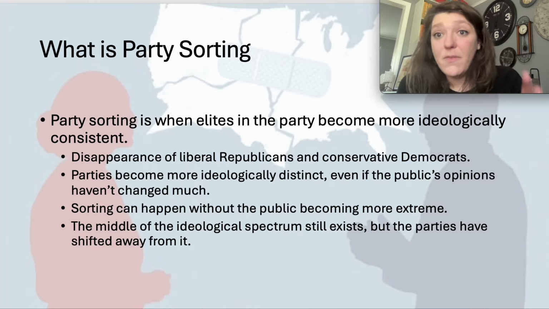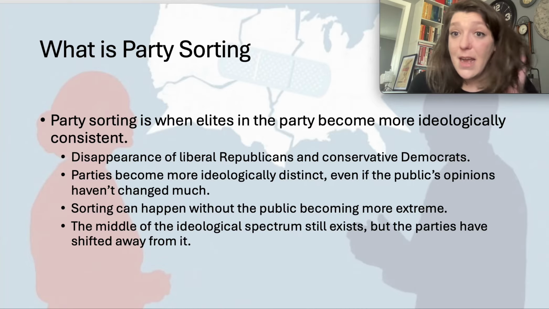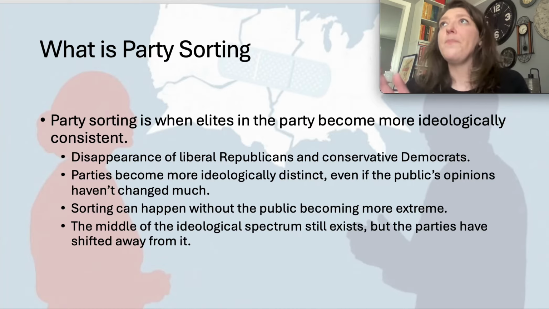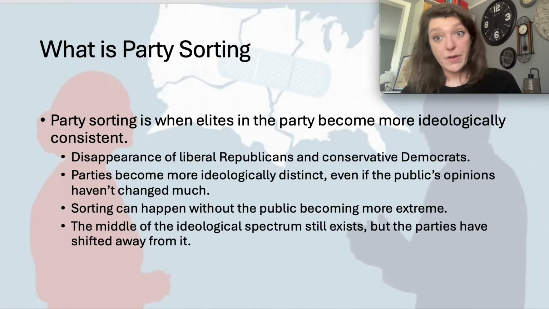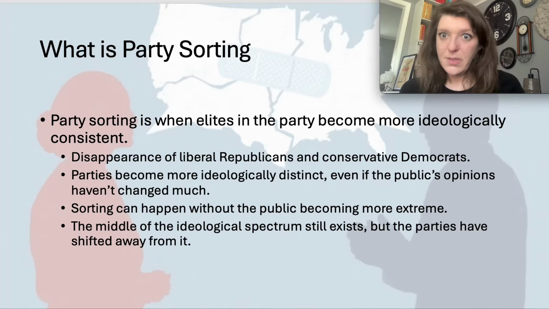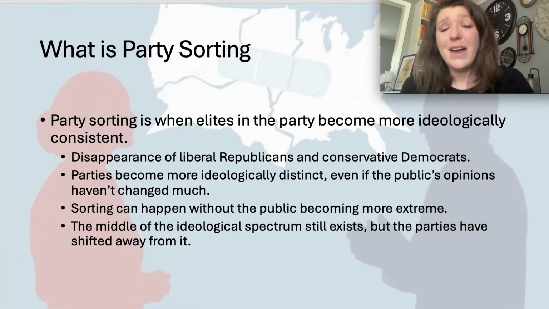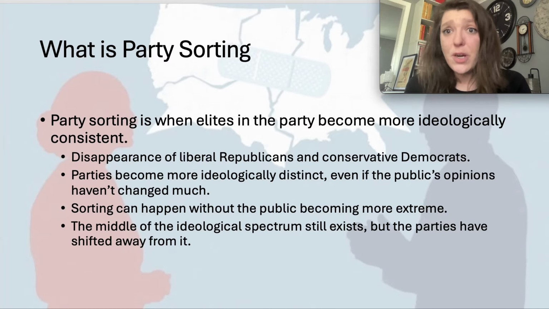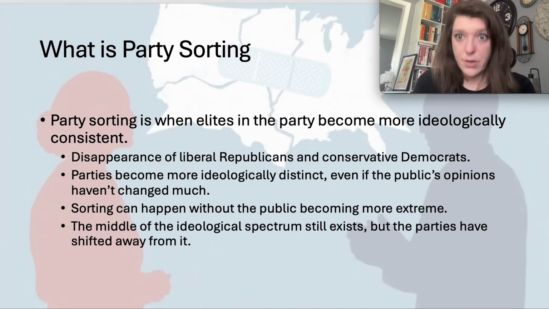You guys all have a friend, or at some point in time, you probably heard someone say, well, I'm fiscally conservative, but socially liberal. This is kind of everywhere. And that's the case for the public. They're mixed. They're not pure conservative or pure liberal. In party sorting, this is when the political elites become pure liberal or pure conservative.